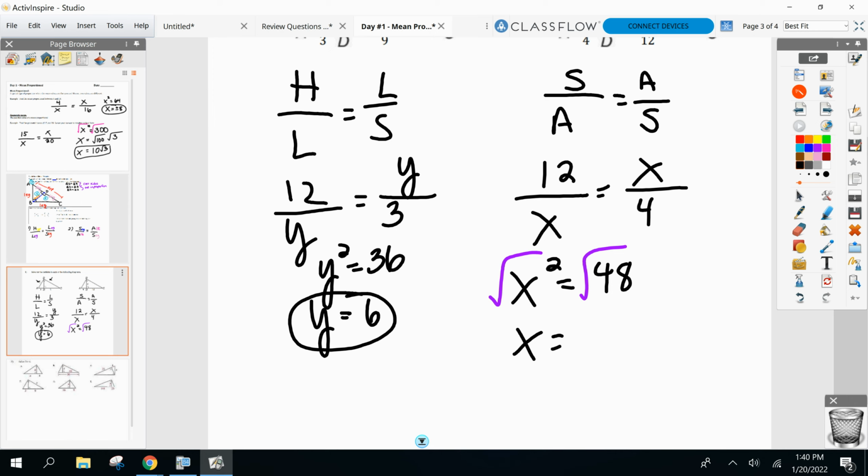Nobody? Yeah, darn right. You're in honors. Simplest radical form. Let's act like it. I don't need a decimal off your calculator. Biggest perfect square. If anybody's plugging in 4, there's a bigger one than 4. What? 16.